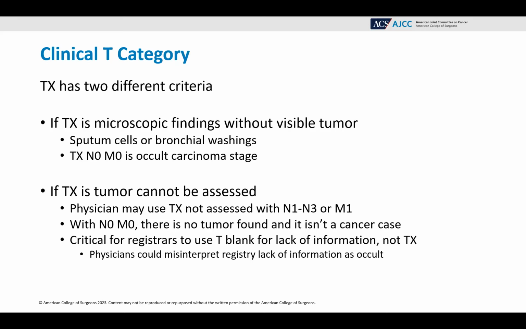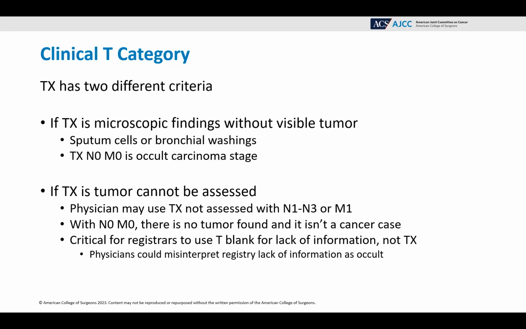Now, the other definition is the one we're all familiar with. TX is tumor that cannot be assessed. The physician may use TX not assessed with an N1 through N3 or M1. With N0, M0, there is no tumor found, and it isn't a cancer case, not with this type of TX definition.